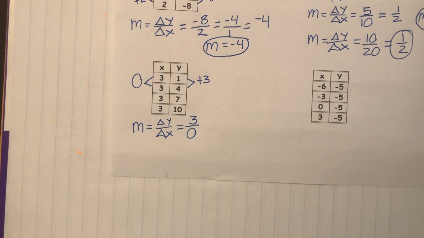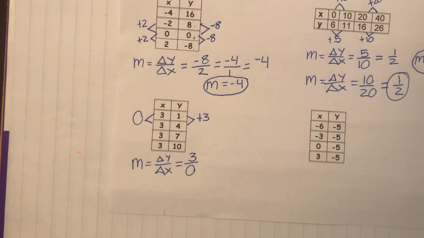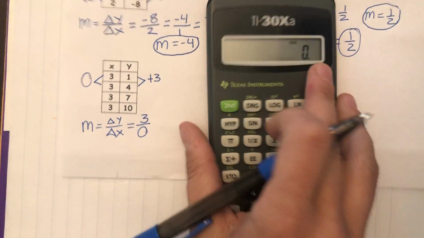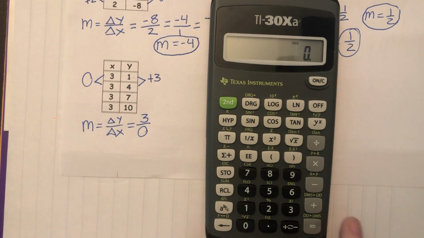Now we went over previously on our notes what happens when we have a 0 in our denominator. And you can double check that on your calculator to see what happens when we have a 0 in our denominator. So if I type this in to try and simplify it, 3 divided by 0, we get an error.